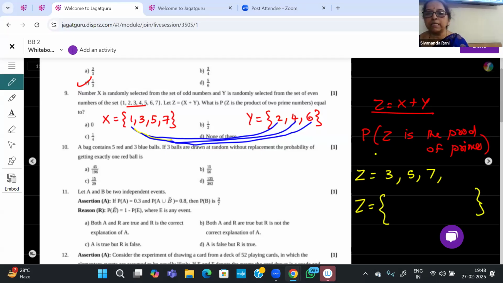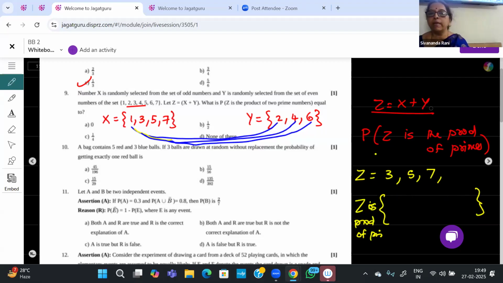When can Z be a product of primes? When I have 3 into 2, that's a possibility. Then probably 5 into 2 is a possibility. But it should be the sum of those two, right? It's a condition.